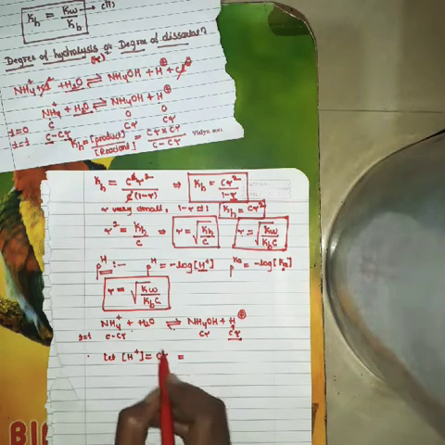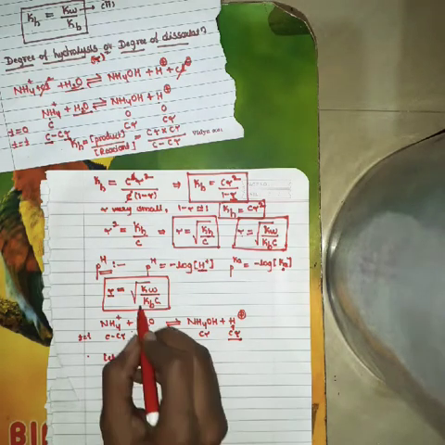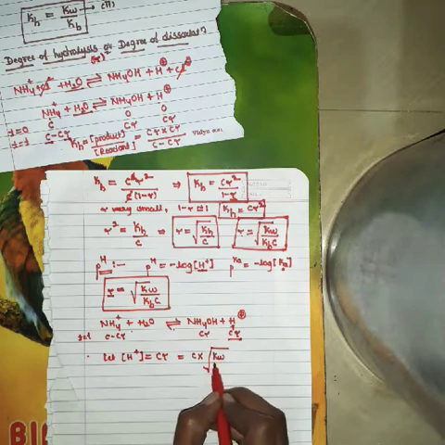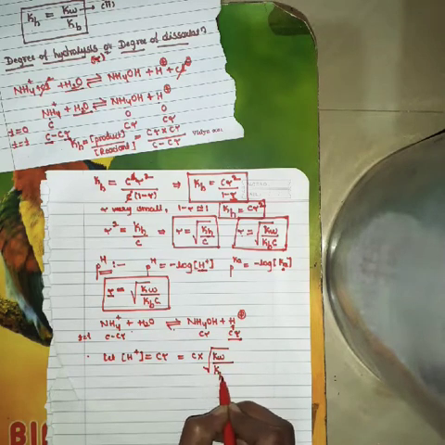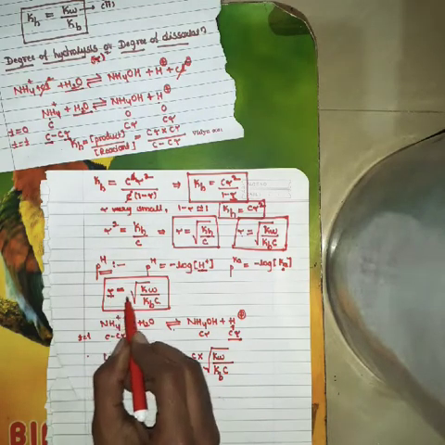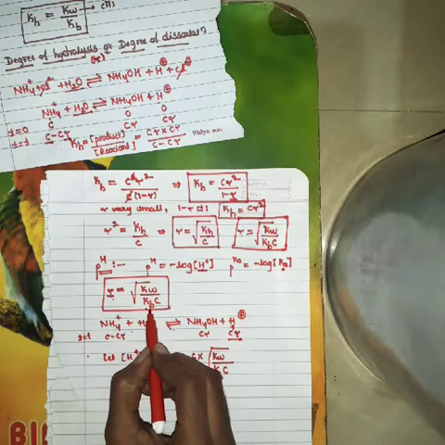You already know the value of alpha: alpha is equal to square root of Kw divided by Kb into C.